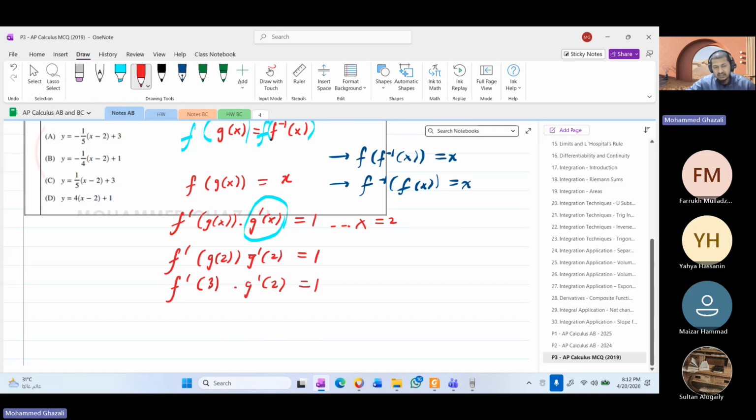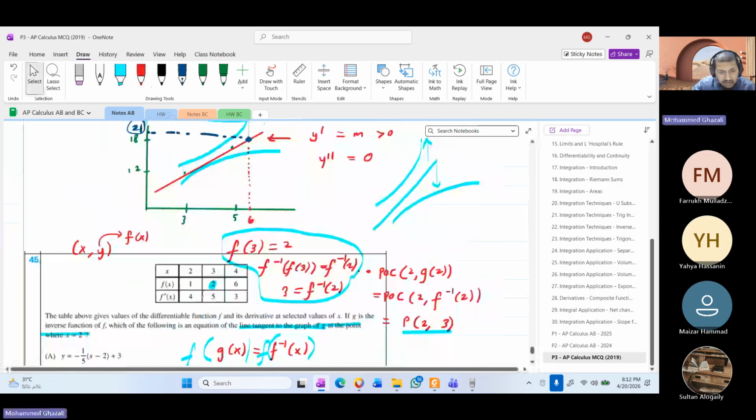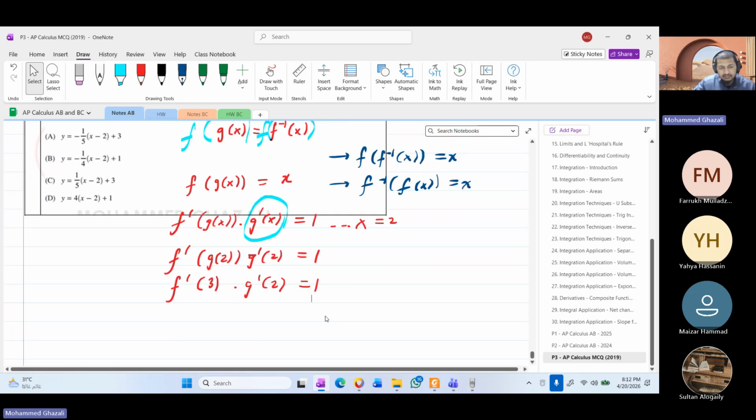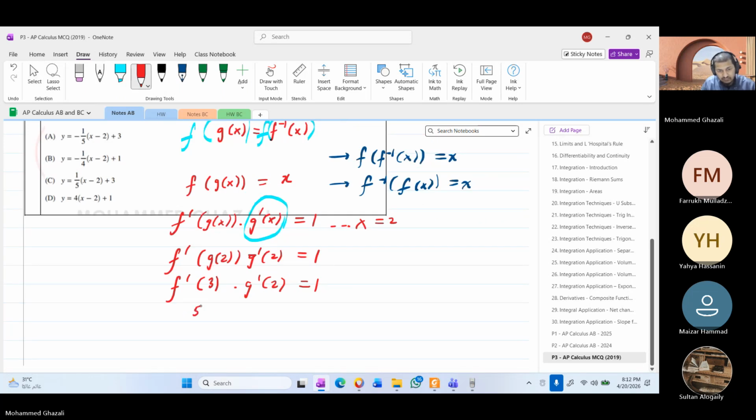Now, what is f prime 3? Let's look at this function. Go to 3. F prime 3 is 5. So what is g prime 2? That's your slope, which equals 1/5.